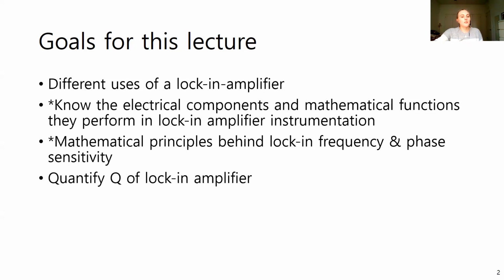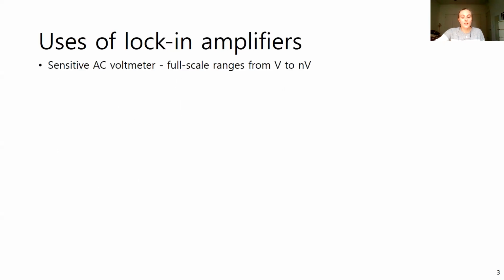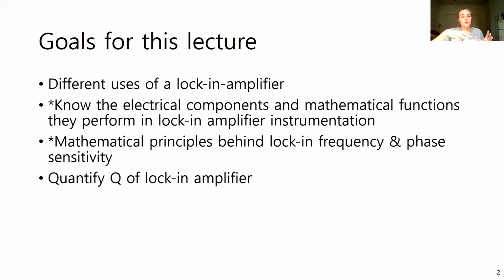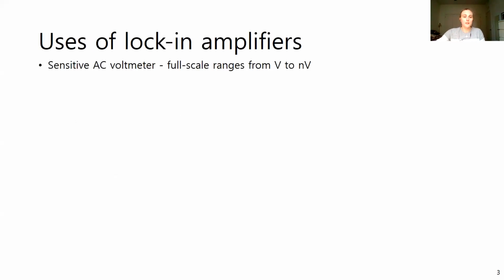And then finally, quantifying the quality factor or the frequency response of the lock-in, and a little bit of what the different components of the lock-in that you would have used are. This is highlighted in lab tomorrow as well.